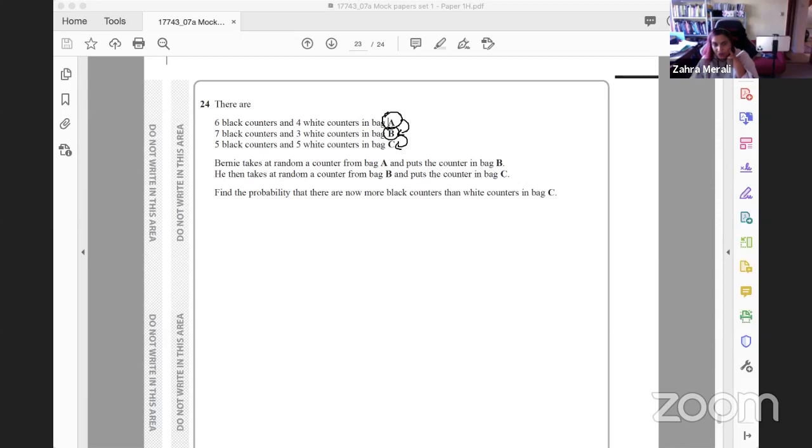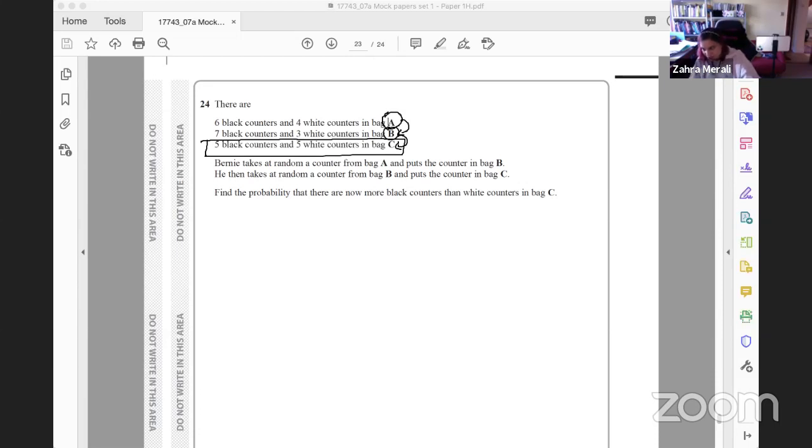Right. So to start off, we want to know that in the end, bag C ends up with more black counters.